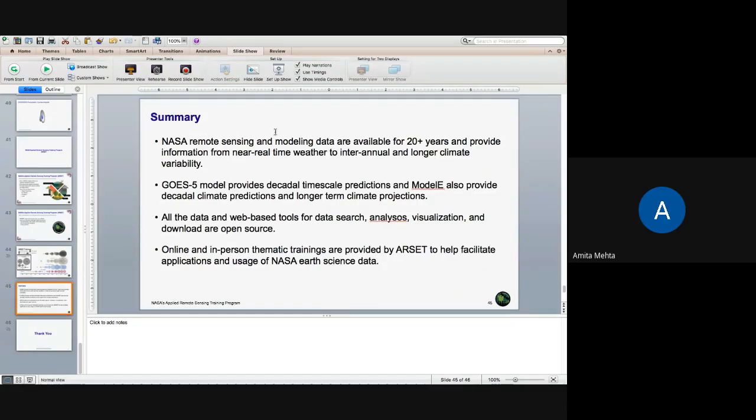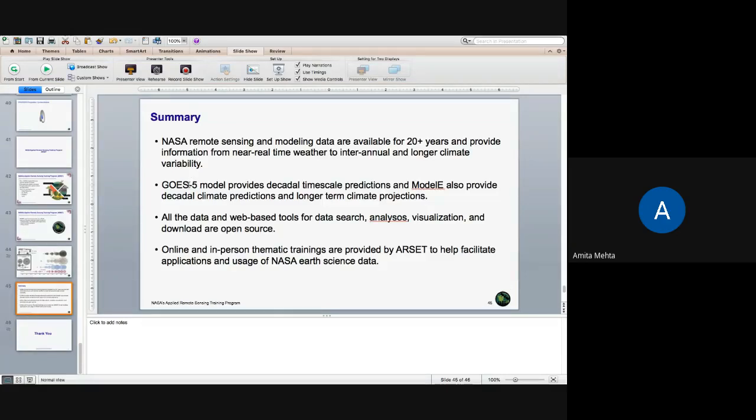So to summarize, we talked about NASA remote sensing and modeling data, which are available for 20 plus years, some for 40 years, which can be used all the way from near real-time weather applications to interannual and longer climate variability.